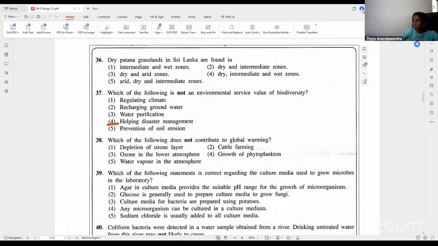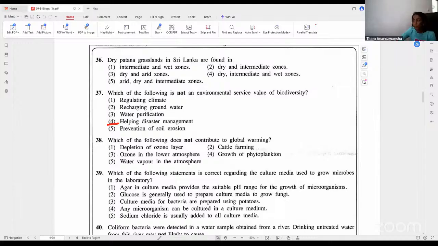Here is the environmental service value. This is the most important service provided by biodiversity: maintaining critical environmental functions, carbon dioxide fixation, photosynthesis, maintaining essential nutrient cycles, maintaining the water cycle and recharging of groundwater, soil formation and protection from erosion, regulating climate by recycling moisture into the atmosphere, water purification and pollination, right?